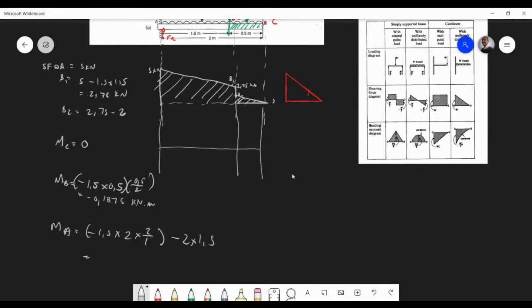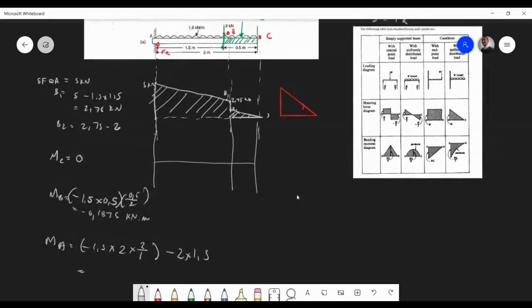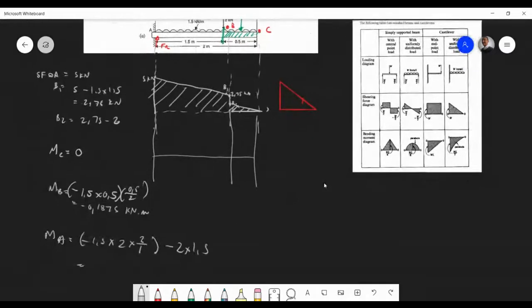So let's see what we get there. You should get minus 6 kilonewton meter.